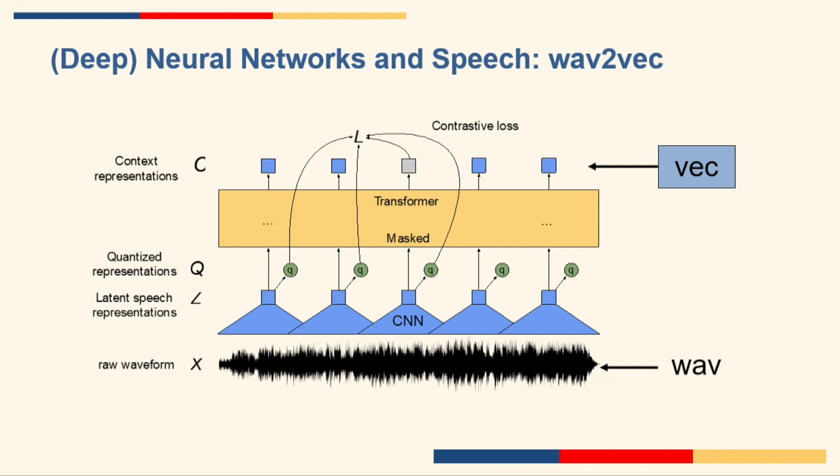There is also, for people who are interested, a contrastive loss element in that. Because if you think about it, this network learns those representations and then predicts the same representations.